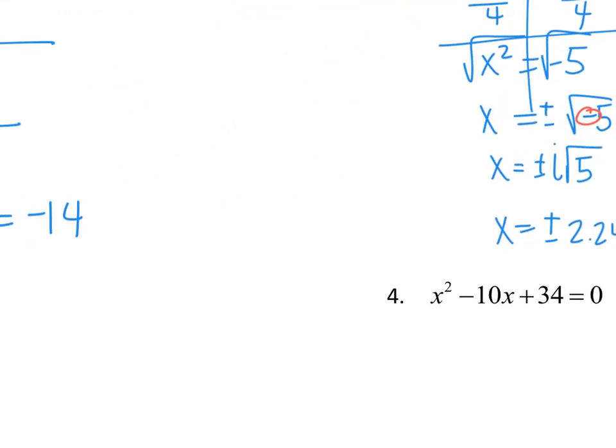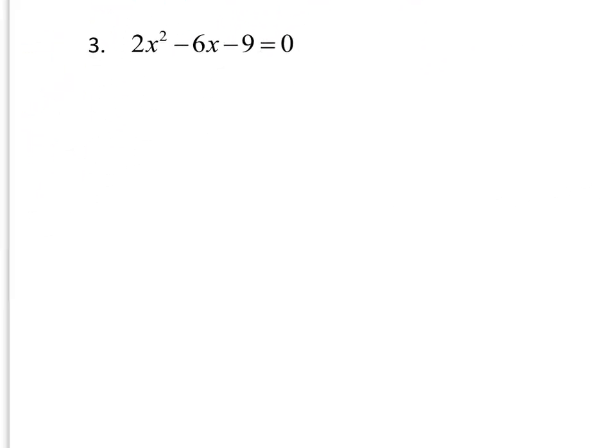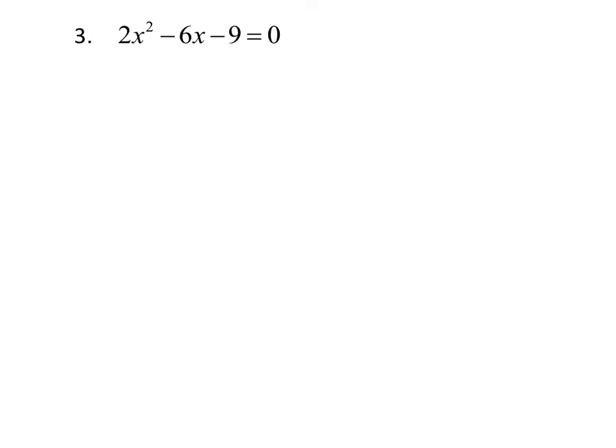Next up, question 3. Now this one, we do have a term in the middle. We have negative 6x. So that negative 6 is going to be my b. This one, we are going to want to use that quadratic formula up above.